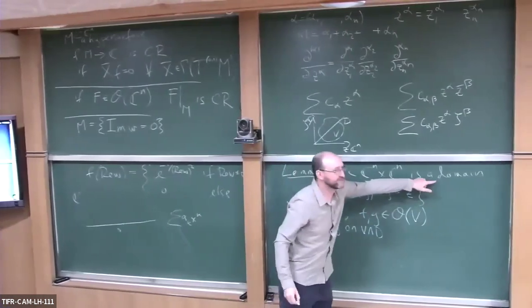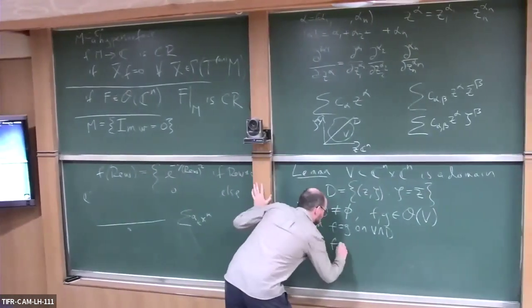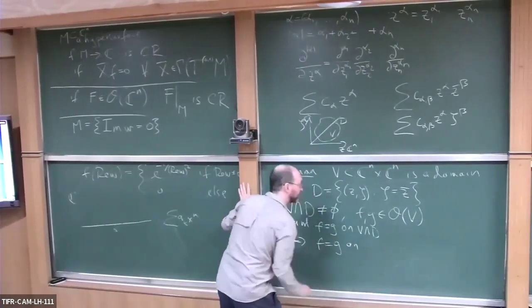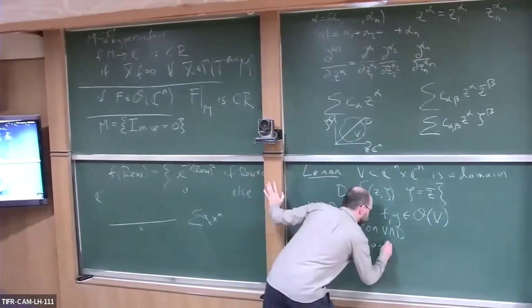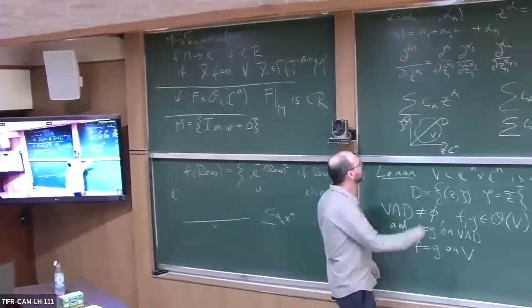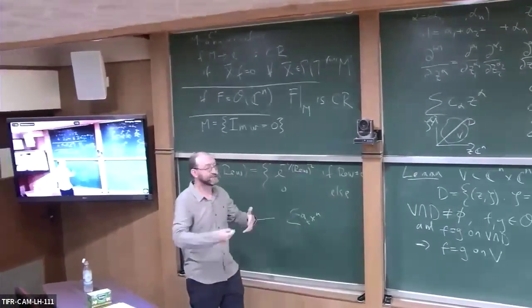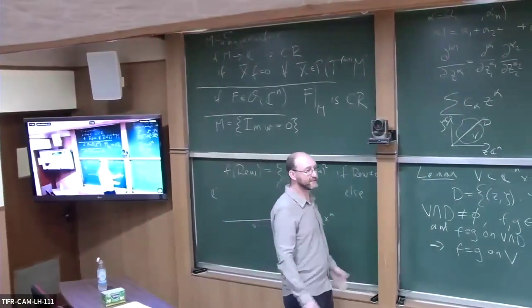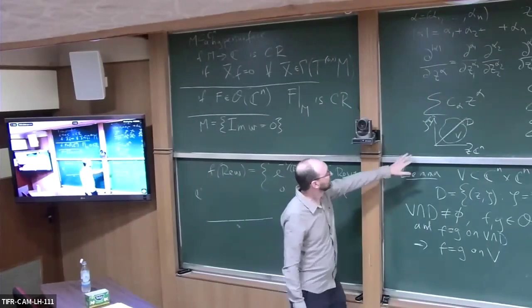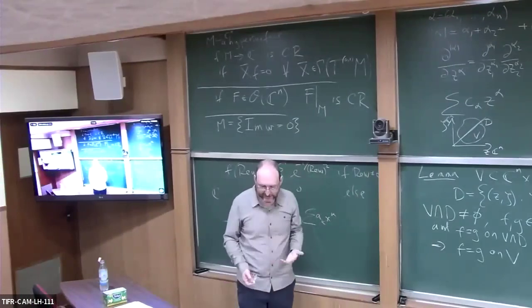Those are domains, open connected sets. Then what I get is that F equals G on B, so on a much larger set. So if they are equal on the diagonal, they're equal everywhere. So that allows us to have a unique extension, and that's really what makes this work.